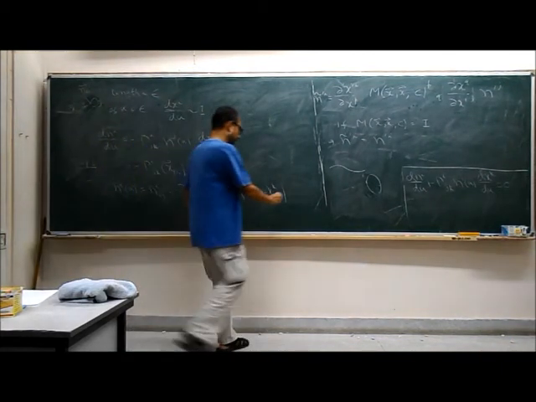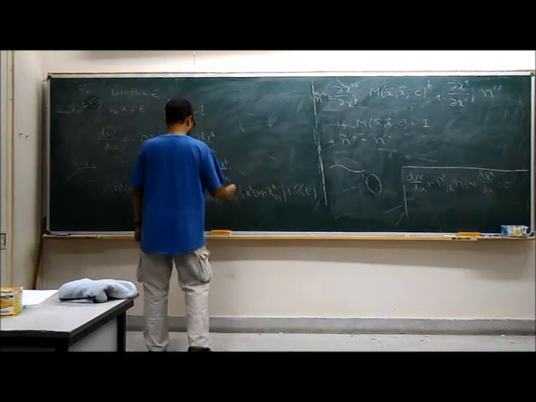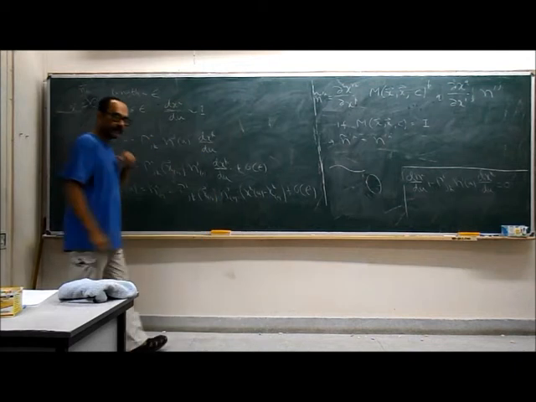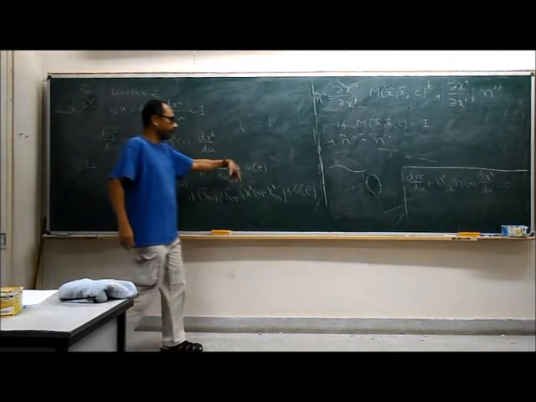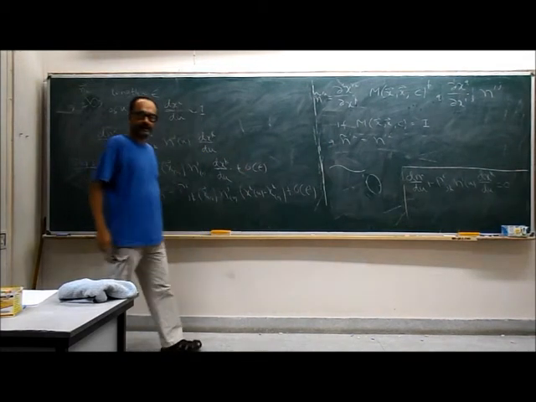Plus order epsilon square. Earlier it was plus order epsilon, but now you have integrated once. An order epsilon term, if you integrate, is epsilon times u, and u is of order epsilon, so this error is order epsilon square.